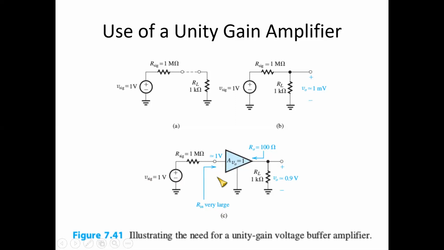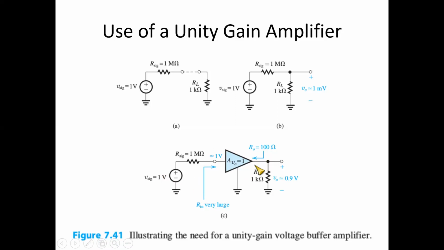You can say Vi is equal to Rin divided by Rin plus R sig into V sig. Because R sig is very small compared to Rin, in the limiting case Rin divided by Rin plus R sig will be equal to 1.